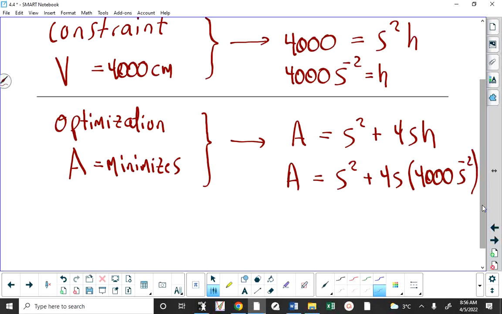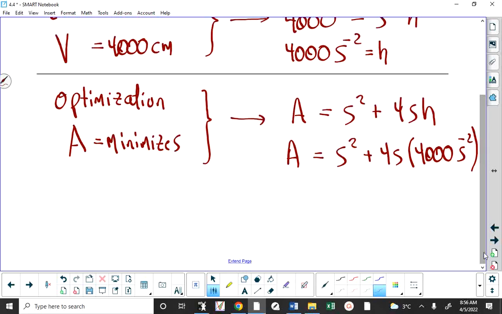And I understand, Zebby, that I did all this yesterday, so your question probably lies in stuff near the end, and we'll get there. So just be patient, please. I'm going to simplify this. Ultimately, my goal here now is to find dA/dS so I can find the critical values of S so that I can get the answer to the problem.